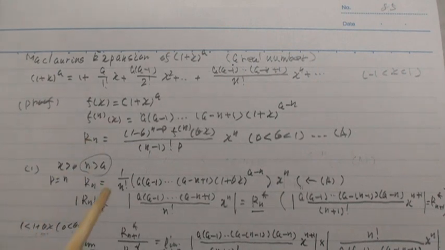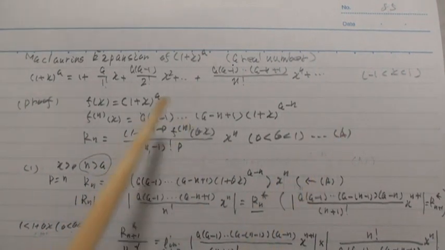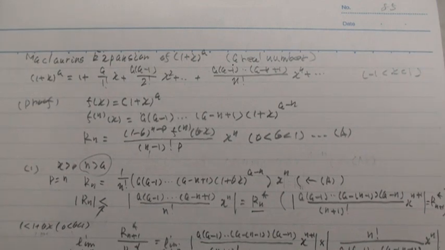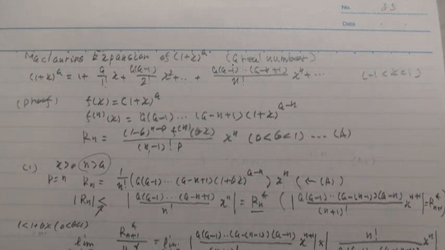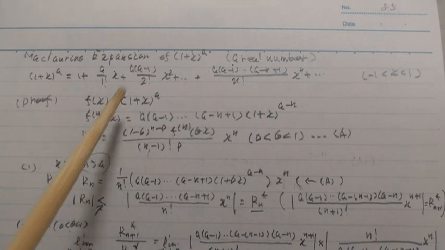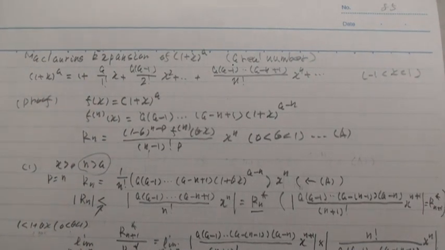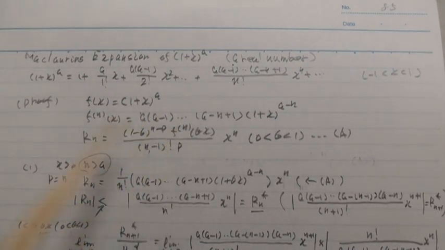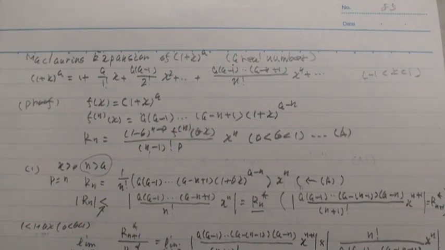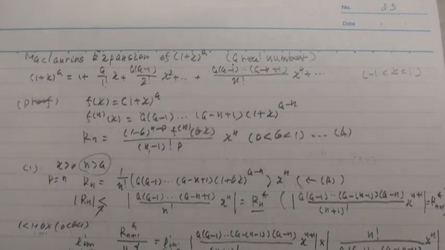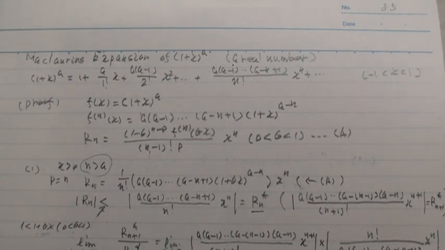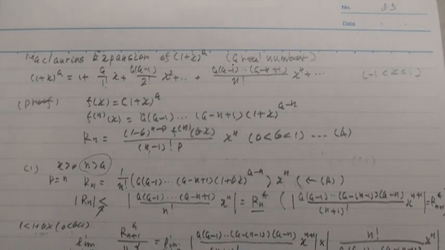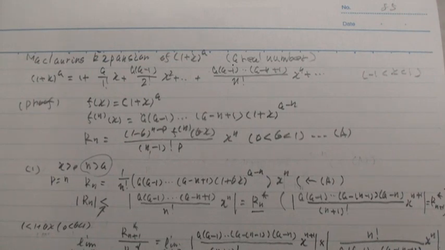Then R_n equals (1/n!) a(a-1)...(a-n+1)(1 + θx)^(a-n) x^n.